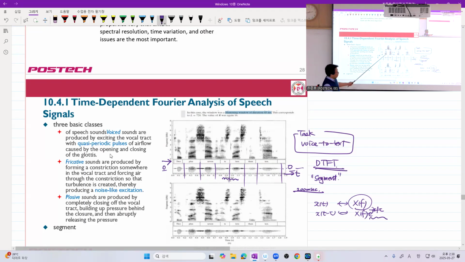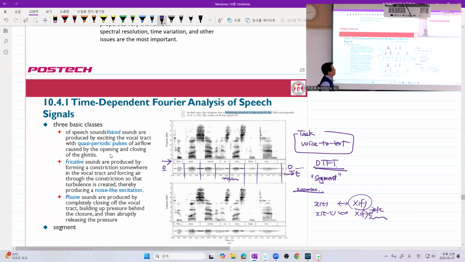As the dark side means that we have more energy there, what happens? Here, the high energy frequency increases, right? And here, we have decreasing frequency. Probably this is due to when you pronounce 7, not 7.